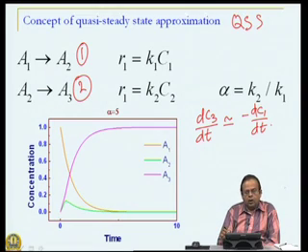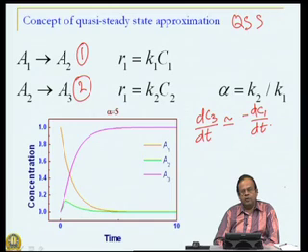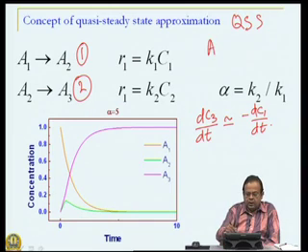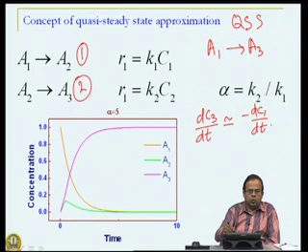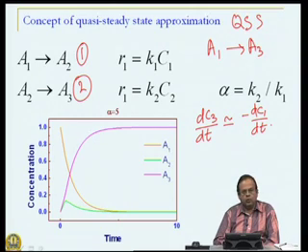Again, now we will go back to our earlier idea, that is, my reaction of interest is actually this, but there is an intermediate. That intermediate is A2, and the real reaction is not a one step conversion of A1 to A3, but rather a two step process of A1 to A2 and A2 to A3.